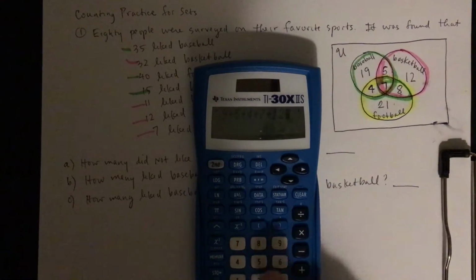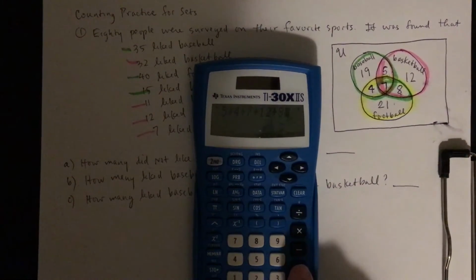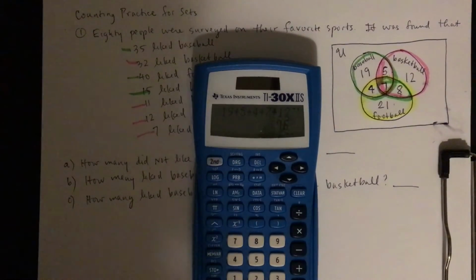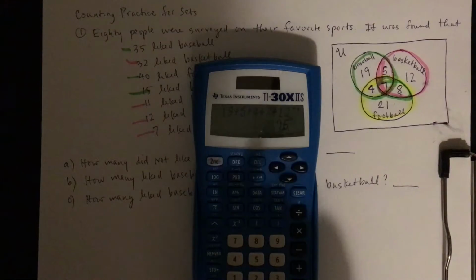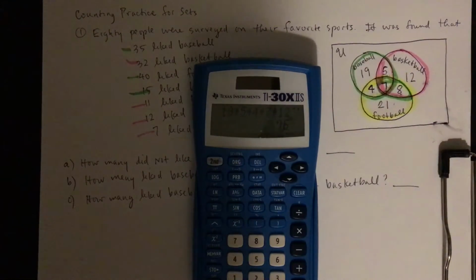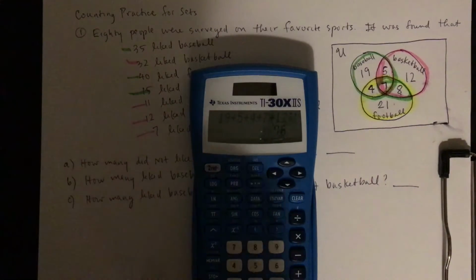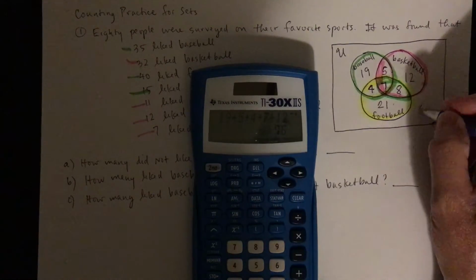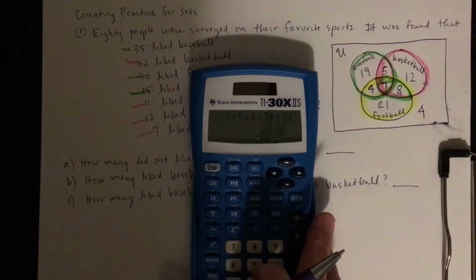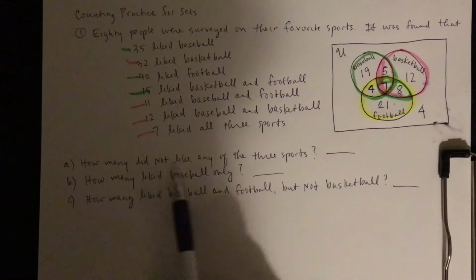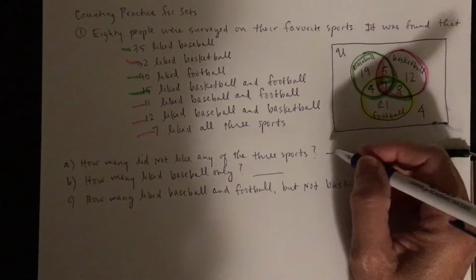Plus 12 plus 8, including the ones in the basketball who were not counted yet, plus 21, including those in football who were not counted yet, and I got 76. That's everybody who liked one or more of the 3 sports. So what we'll do is do 80 minus 76 to get 4 people who did not like any of the 3 sports. For question A, how many did not like any of the 3 sports? That's 4.